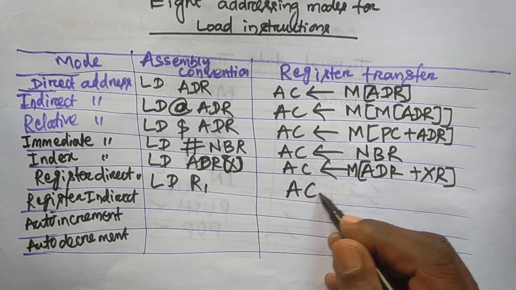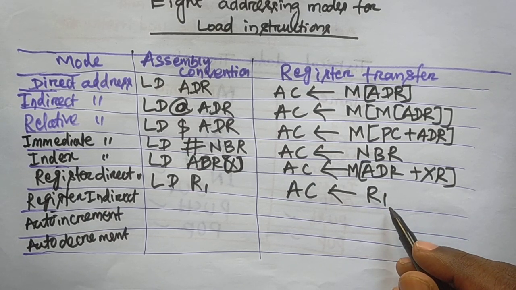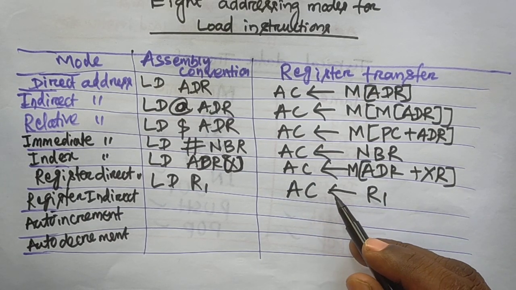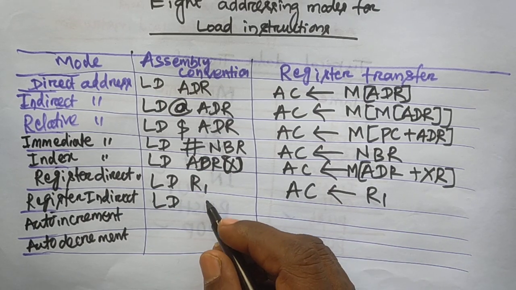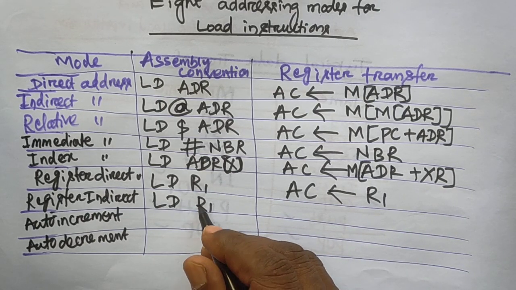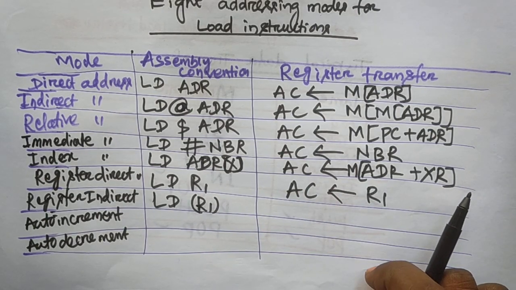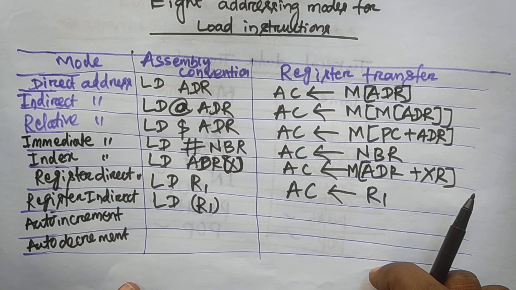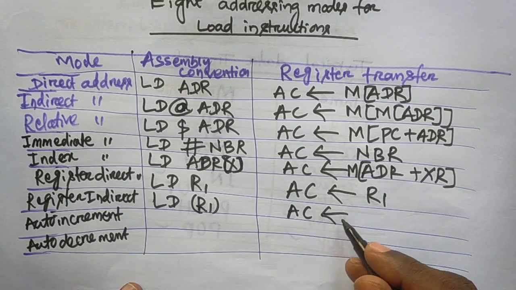Similarly, register direct is very simple: register direct R1. The R1 register content is transferred directly to SC. For register indirect, direct data needs no such step.